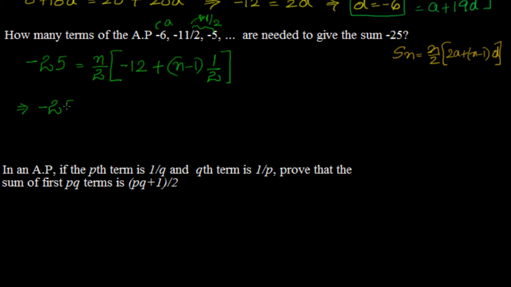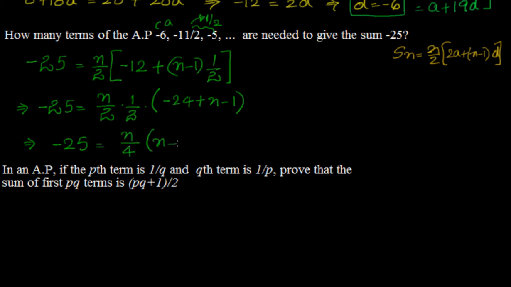We'll simplify that. On the right hand side we'll go for LCM, and we'll take 1 by 2 out. And if I take LCM, I'll have 2 into minus 12 is minus 24 plus n minus 1. This is nothing but equal to minus 25 equal to n by 4 into n minus 25.